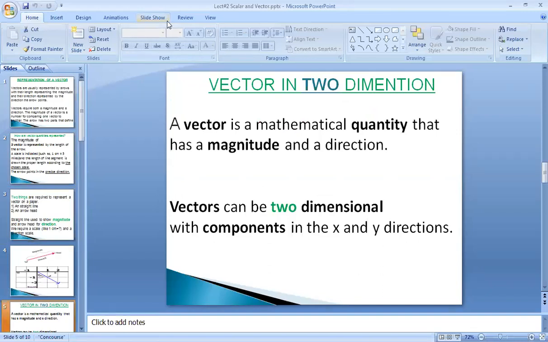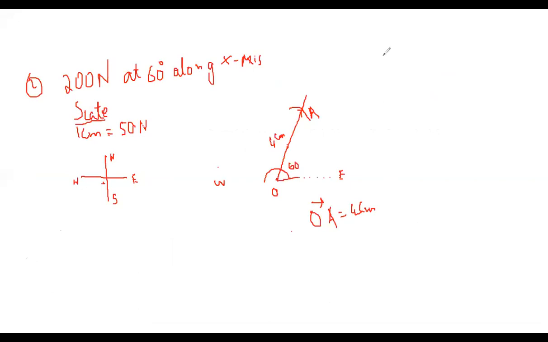So, student, when you have the vector in 2 dimensions, you need two ordered pair. For example, I say 3 and 2 are the ordered pair.